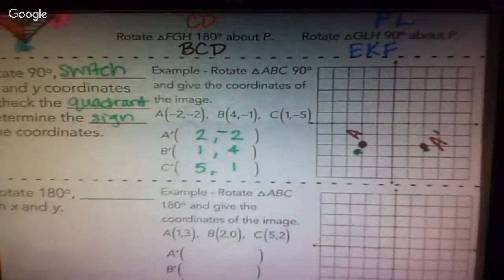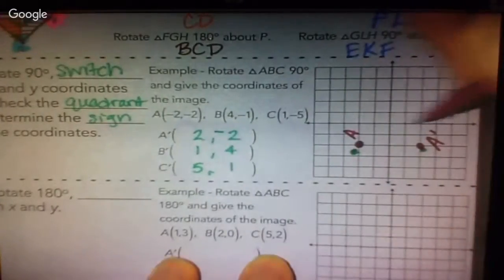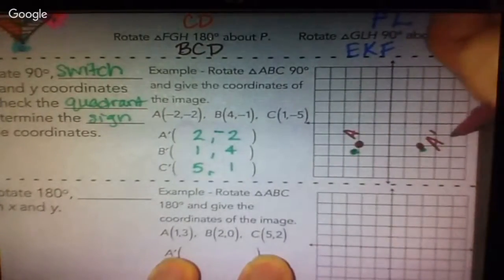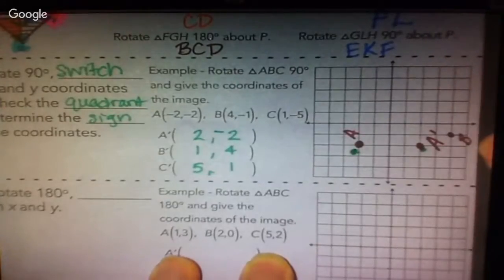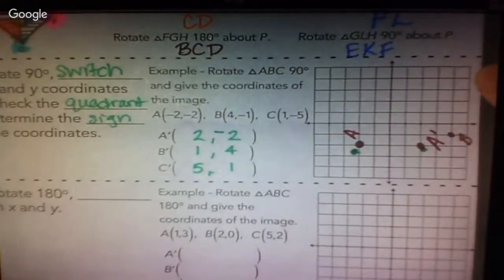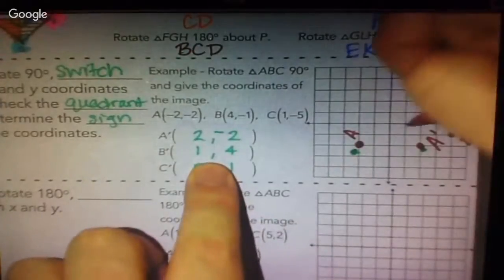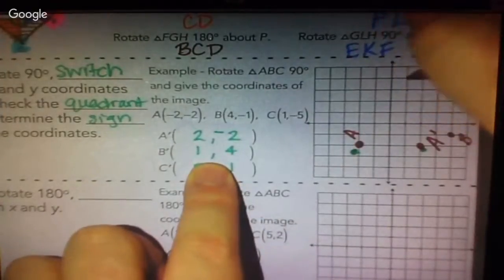Let's mark where B should be right now. B should be 4, -1. So 4, then 1, 2, 3, 4, -1. So B is here. We're rotating one quadrant counterclockwise, so Kathy said we go to the first quadrant. In the first quadrant, my point is positive, positive, so I can plot the point 1, 4.